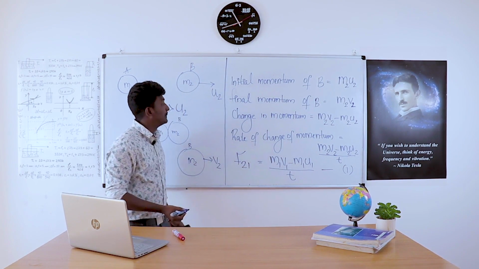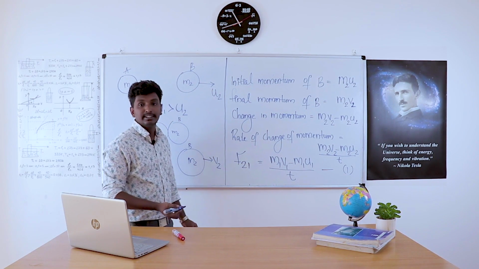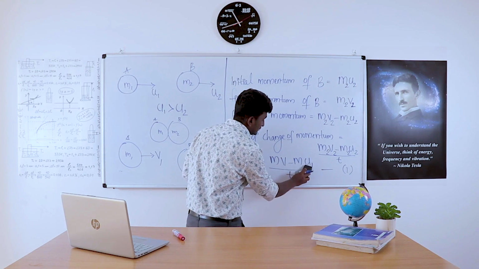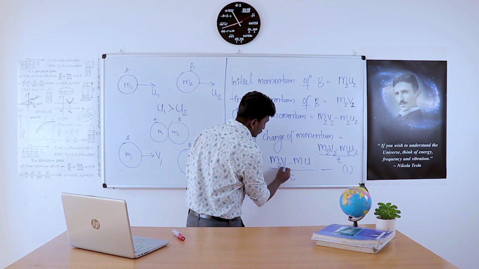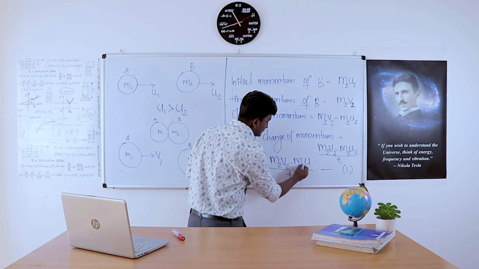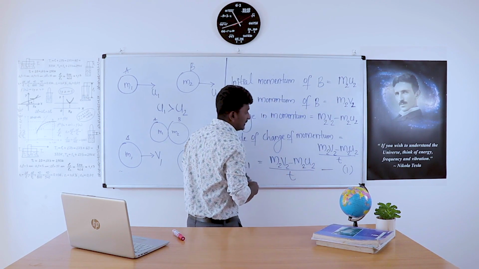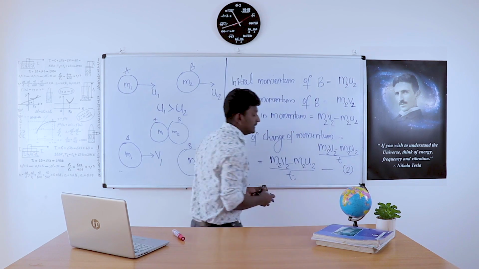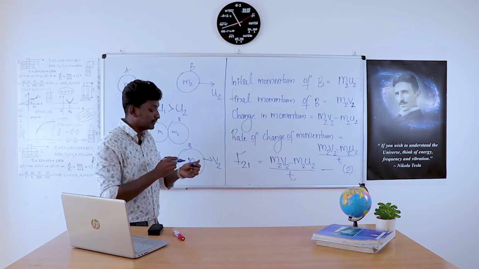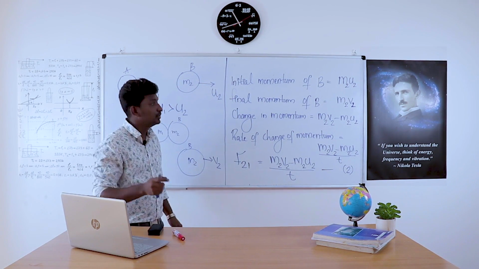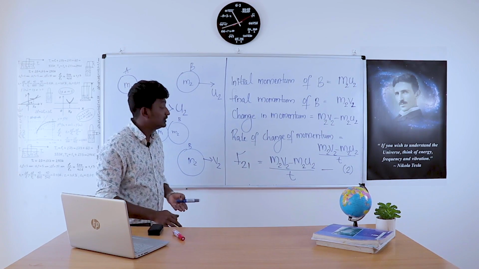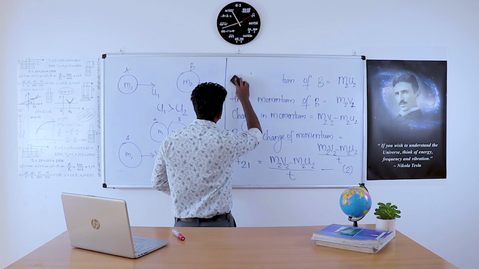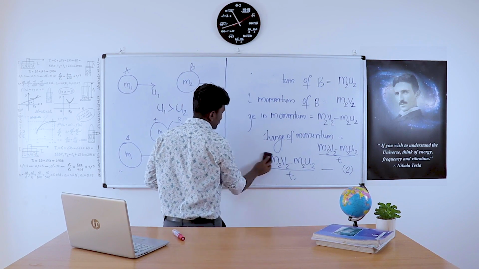F21 is m2 v2 minus m2 u2 divided by t, and this can be taken as equation number 2. Now we have two equations, F12 and F21. I am just writing these two equations again.